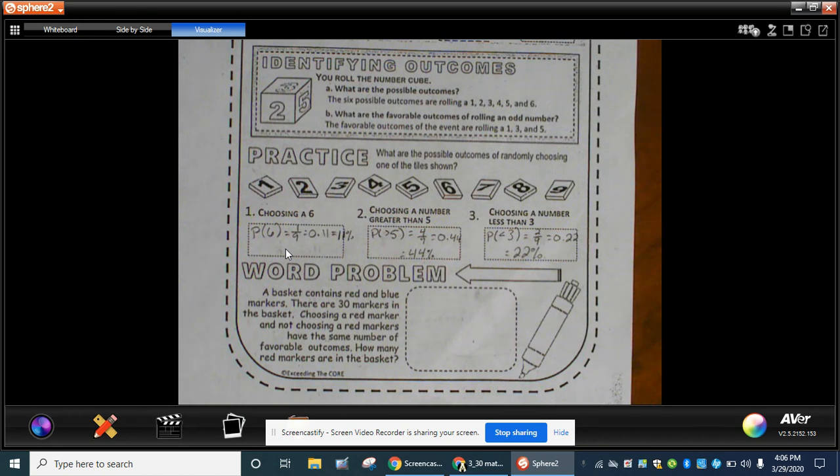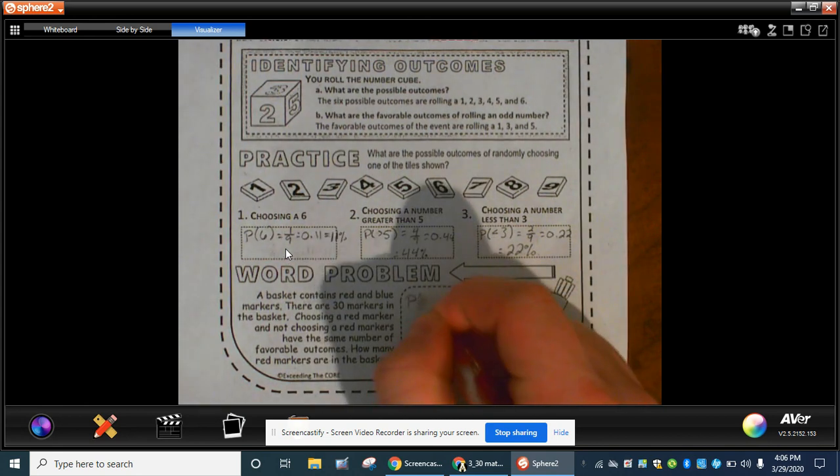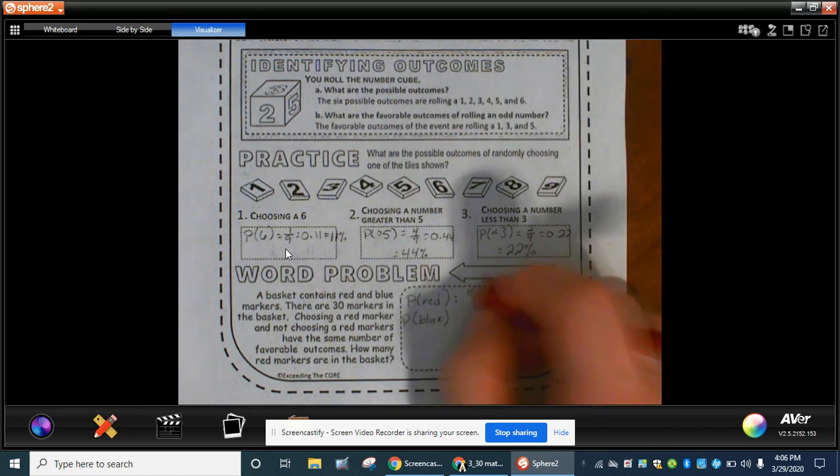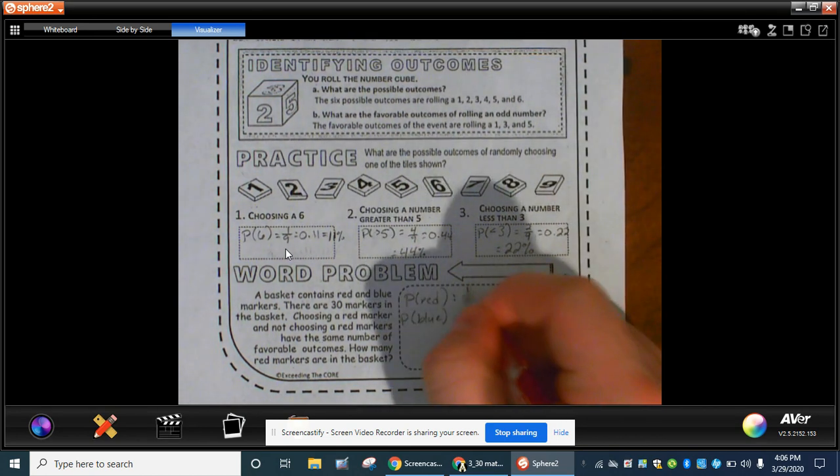Well, the likelihood of me pulling out a red marker and a blue marker in this case is going to be exactly the same. You have a 50-50 chance. So to determine the number of red markers, the probability of choosing a red and the probability of choosing a blue would be 1/2 for each one.